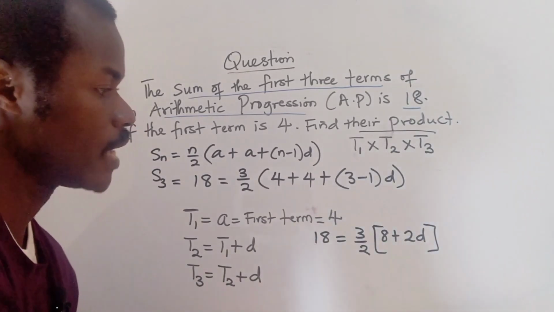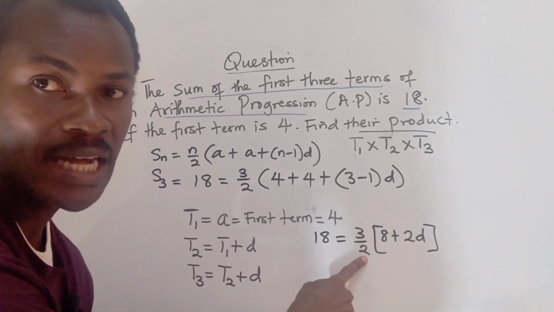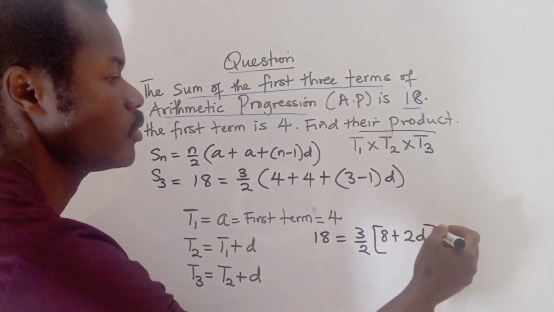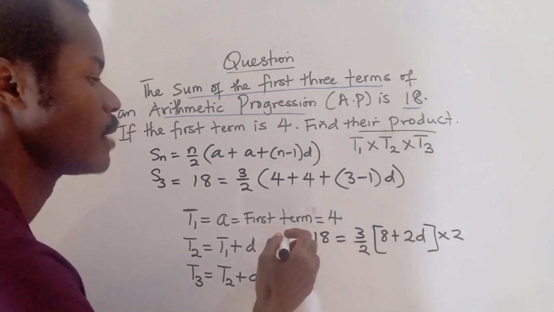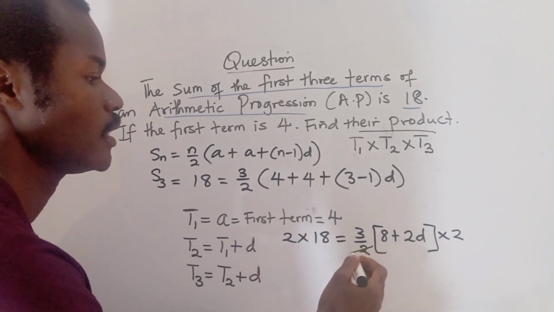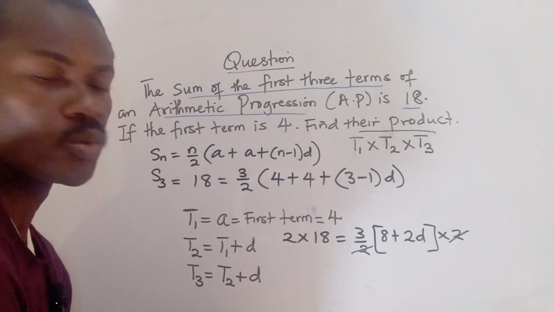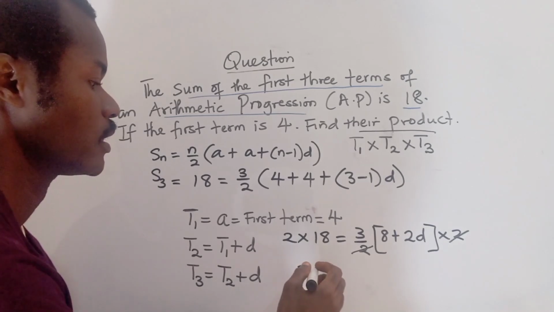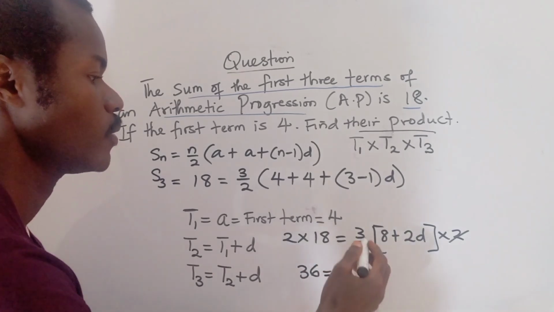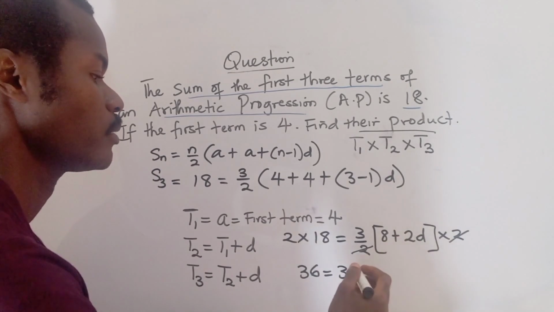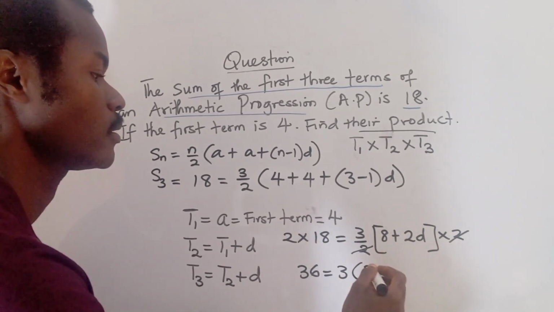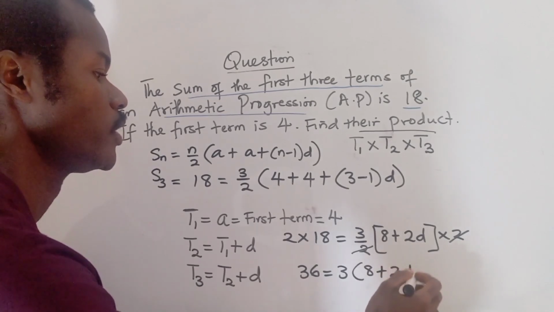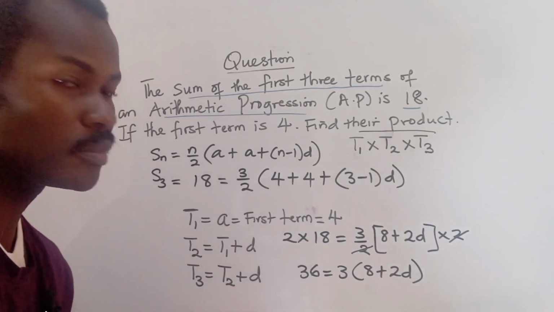From this point, how do we eliminate this 2 at the denominator? I'm simply going to multiply here by 2 and multiply this by 2, so this can cancel out this. So we are left with 2 times 18, which is 36, equal to 3 in bracket, 8 plus 2d.